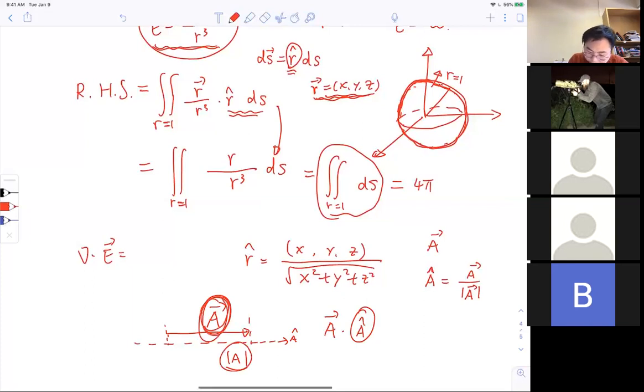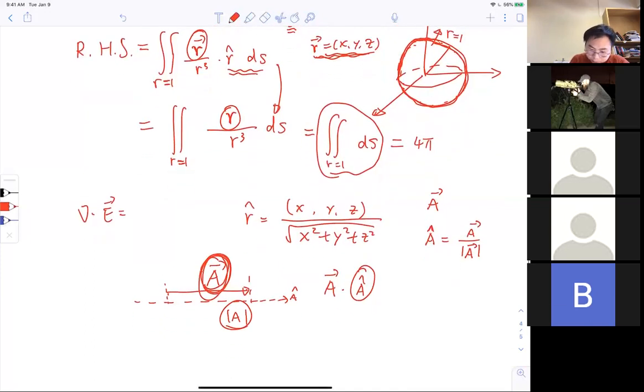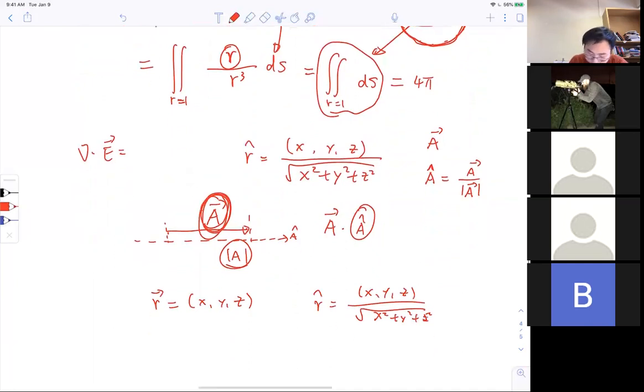So for the vector r, the magnitude is r. But this is physical intuition. The mathematical calculation is: you have an r vector, which is (x, y, z), and you have an r hat, which is (x, y, z) over the square root of x squared plus y squared plus z squared. You dot them together.